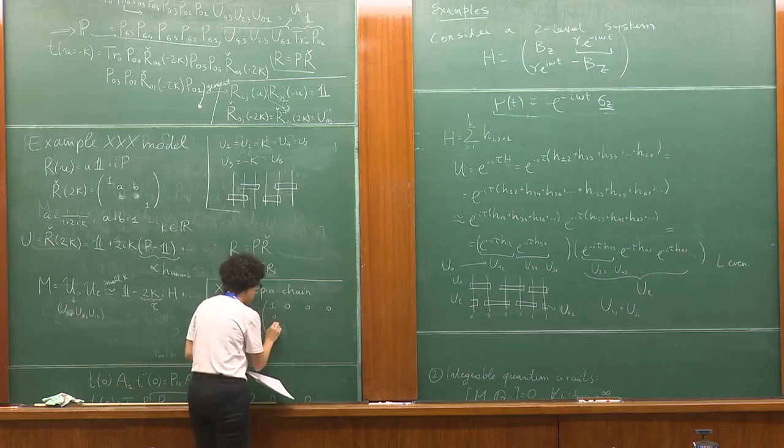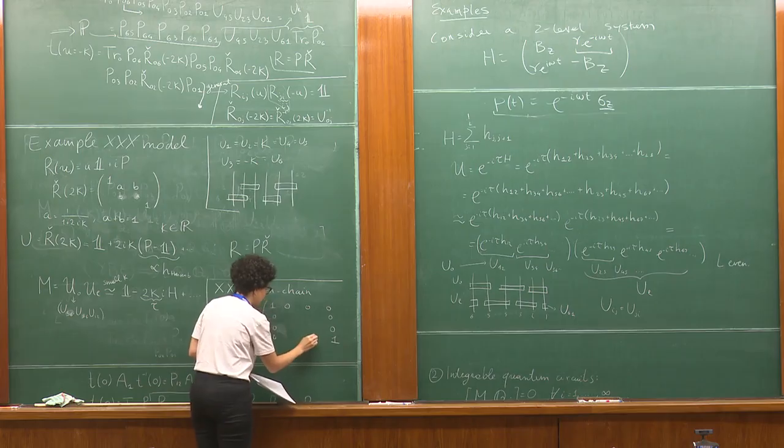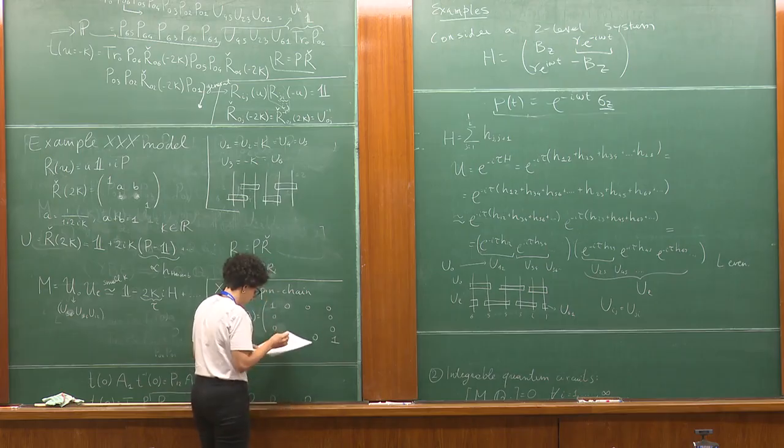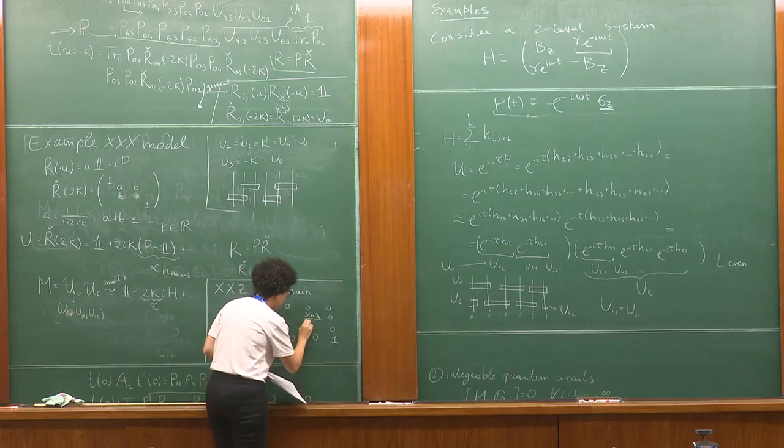So this is 0, 0, 0, 0, 1, 0, 0. These entries here are sine of lambda over sine of lambda plus eta.